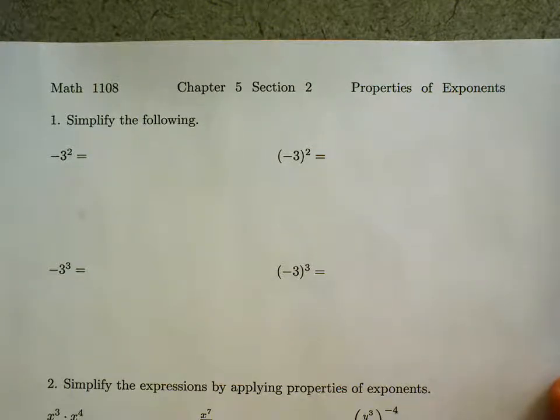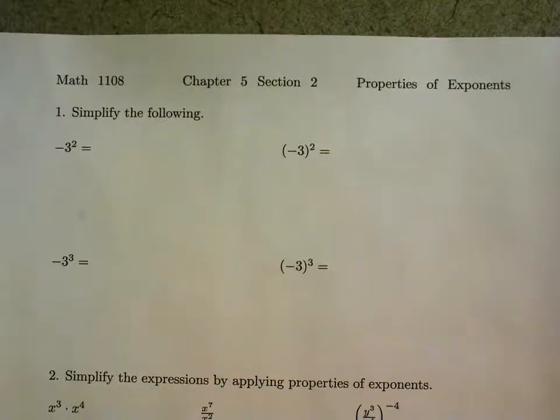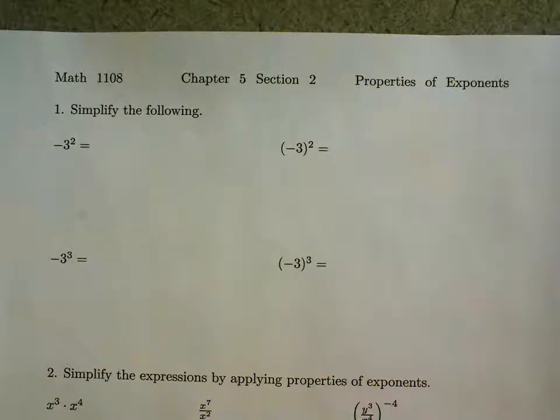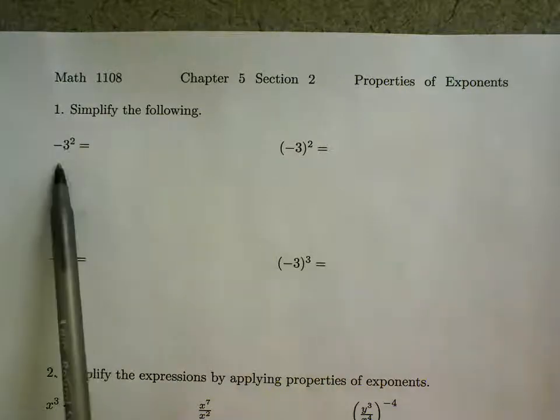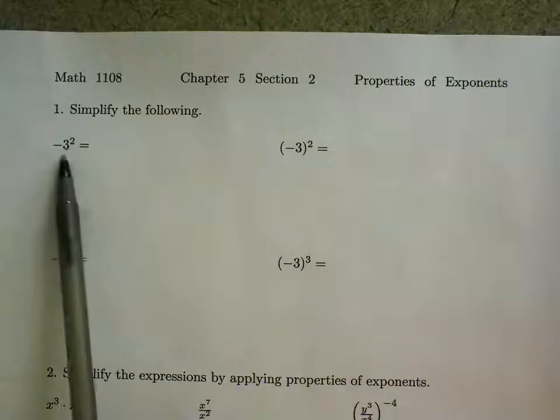Simplify the following. Hey, there are some little things that you'll want to make sure that you get a handle on. So this one on the left, negative 3 to the second.